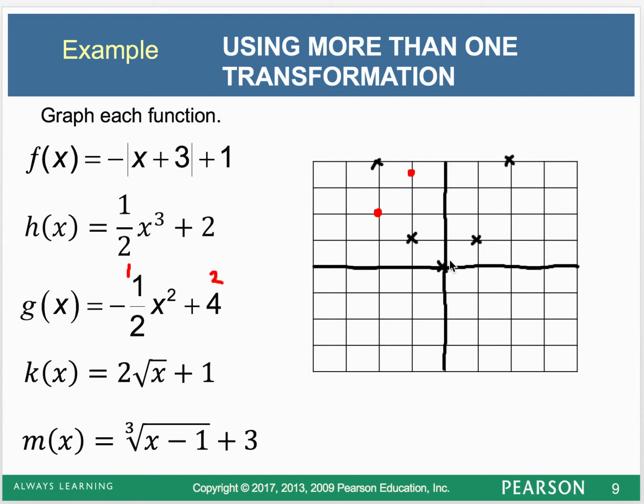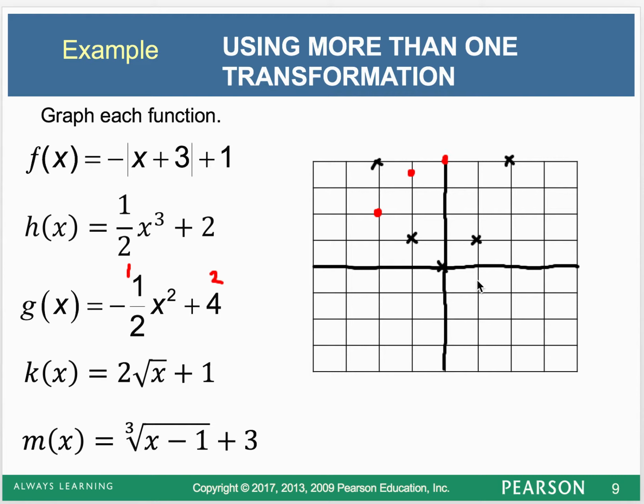This y value is 0, so negative 1/2 times 0 is still 0. So let's add 4. 1, 2, 3, 4.